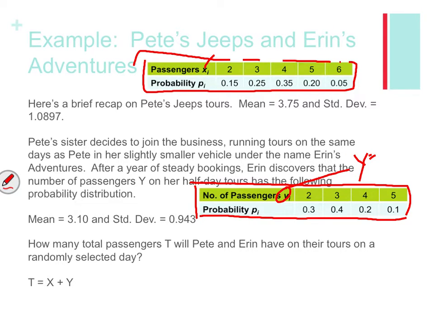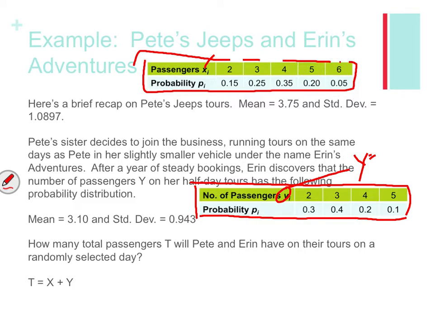Okay. So now let's say I want to start to talk about both of these random variables, so combining these random variables. Now I want to talk about something more like how many passengers T will Pete and Erin have on their tours on a randomly selected day.